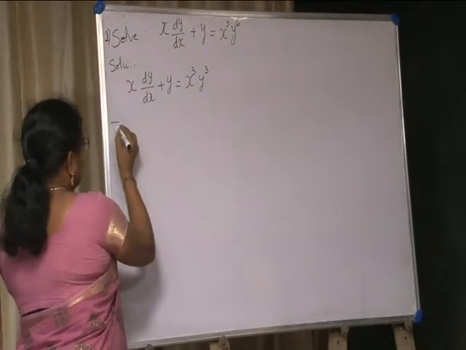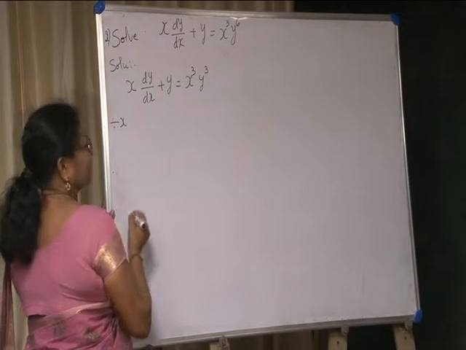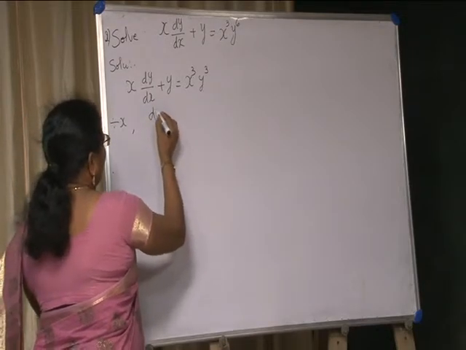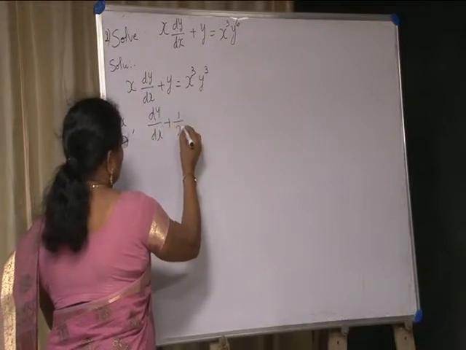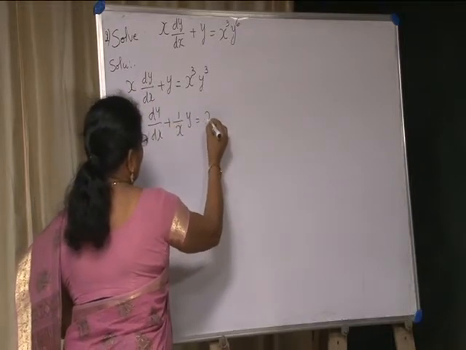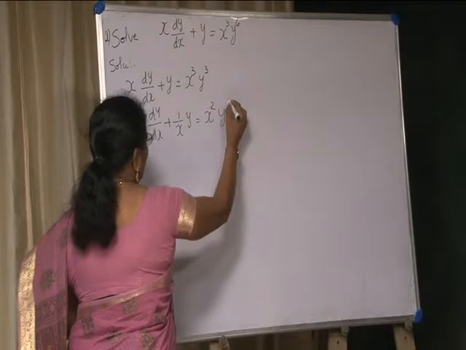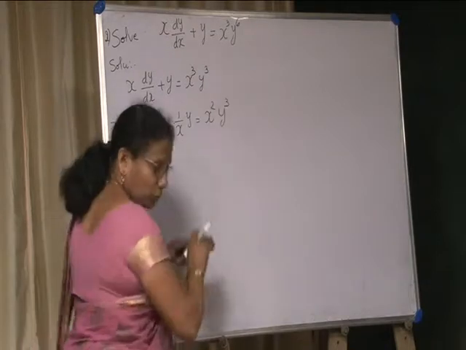First, divide this equation by x: dy by dx plus 1 over x y is equal to x squared y to the power of 6.